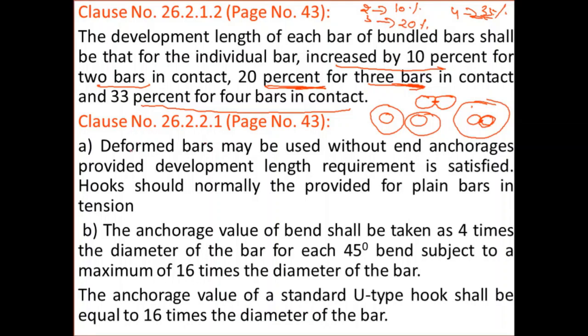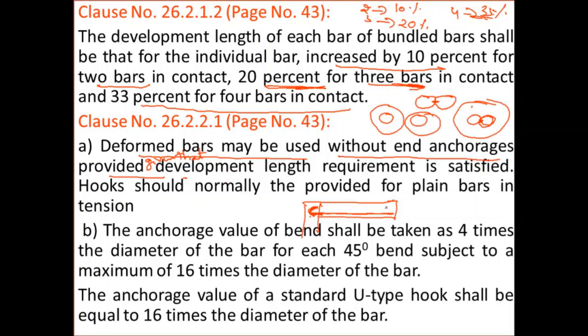Now, the next clause says that deformed bars may be used without end anchorages, provided the development length required is satisfied. If this is the support and this is the beam, and the development length provided is sufficient, then you need not provide any hooks or bends in the case of deformed bars.